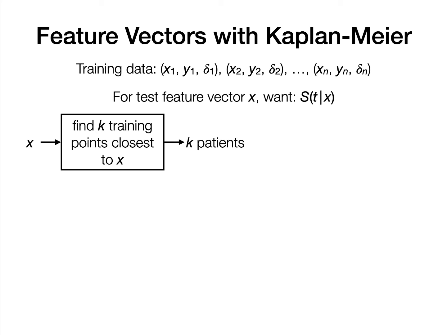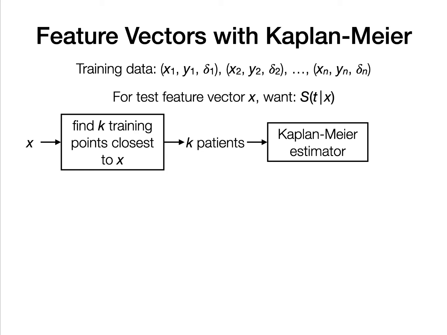And if you then plug in their yi and delta i values into the Kaplan-Meier estimator, okay, so again, to be clear, we're applying the Kaplan-Meier estimator restricted to k different patients' data points. Then we're going to get an estimate of a survival curve, and this estimate does depend on this input test feature vector x, okay, because we're doing this nearest neighbor search thing here.